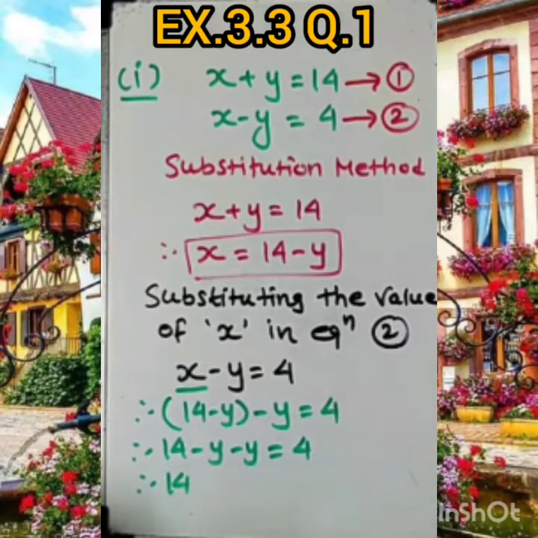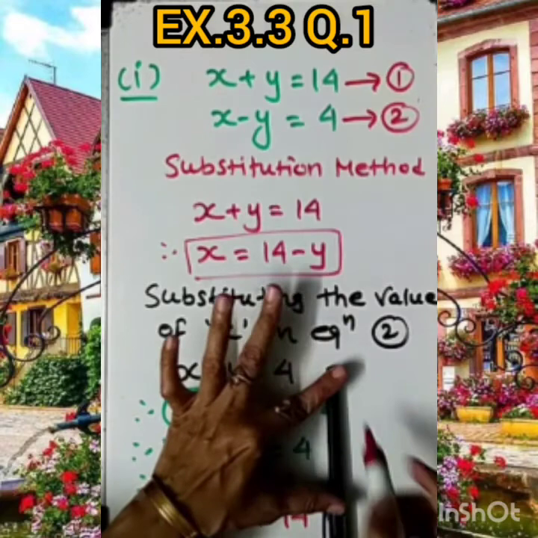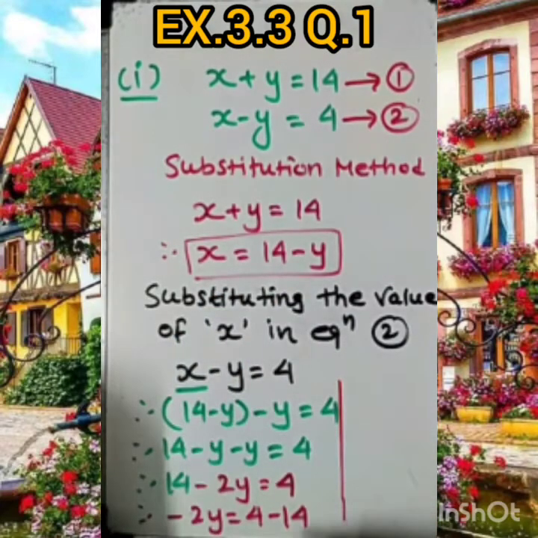Minus y minus y gives the result minus 2y. So I need to mention this is 14 minus 2y equal to 4. So minus 2y equal to 4 minus 14. 4 minus 14 gives the result minus 10.